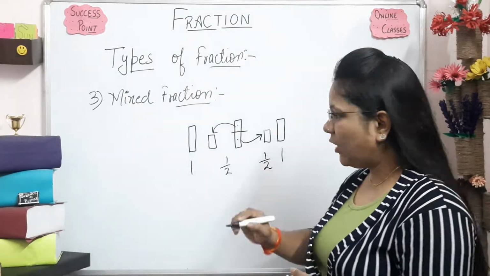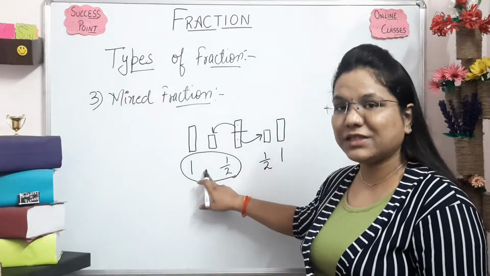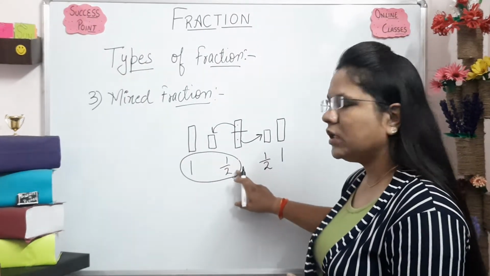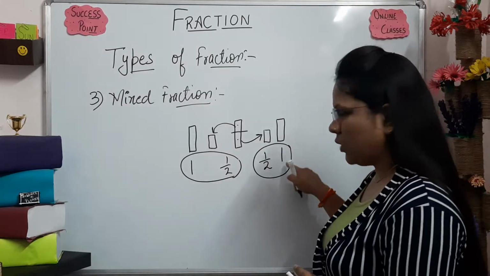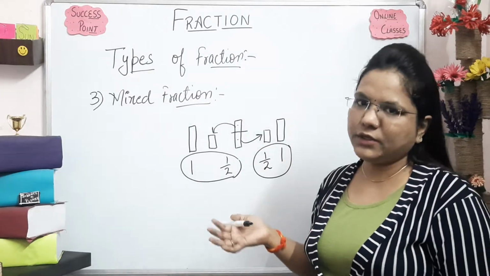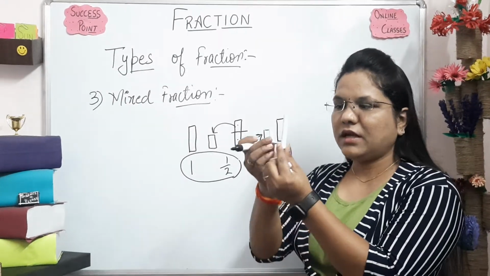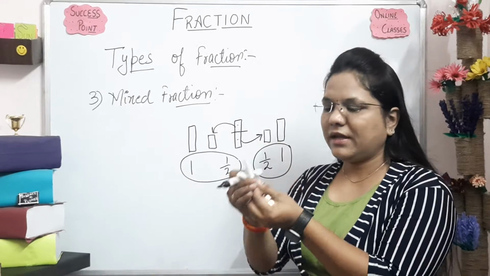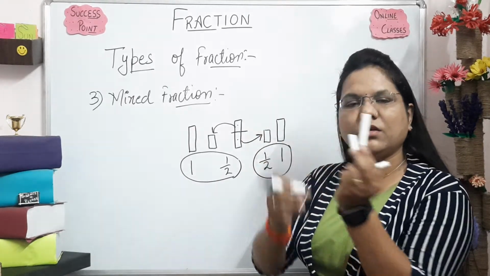So how many parts do I have? I have 1 complete part as a whole and 1 by 2, and you also have 1 and 1 by 2. Okay? 1 chalk complete and 1 by 2, and this side also 1 chalk and 1 by 2.